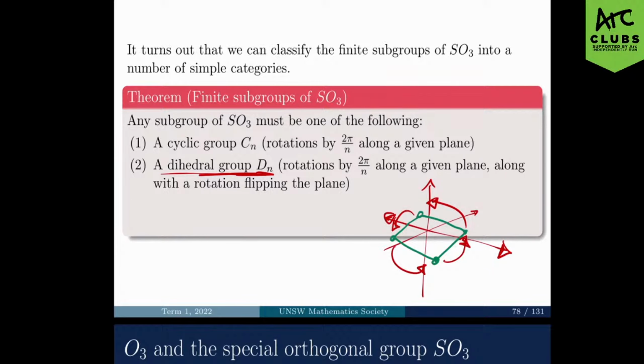It's a rotation of this entire plane up and down. If you imagine a piece of paper lying on the floor, you take it, tilt it, and flip it over until you get the same square, but upside down. That's what the rotation flipping the plane means. We can't actually have reflections. It's going to be a rotation that flips the plane upside down.